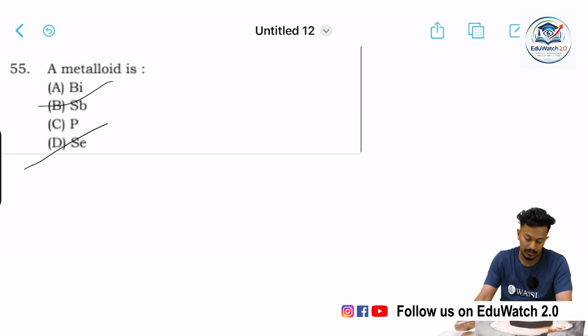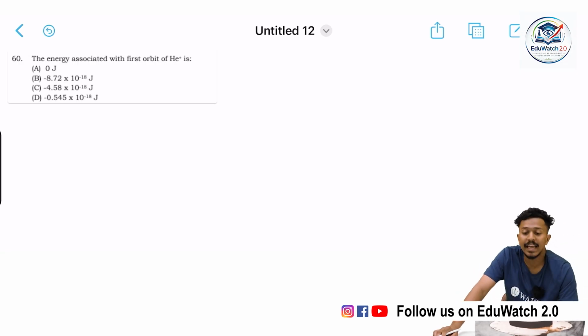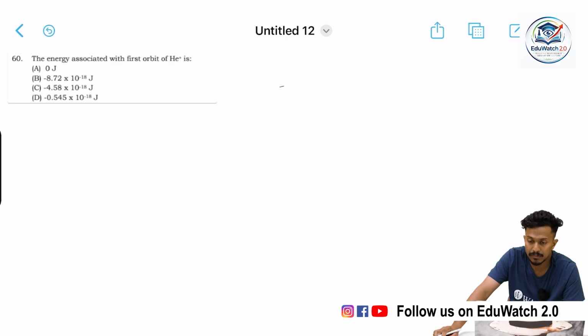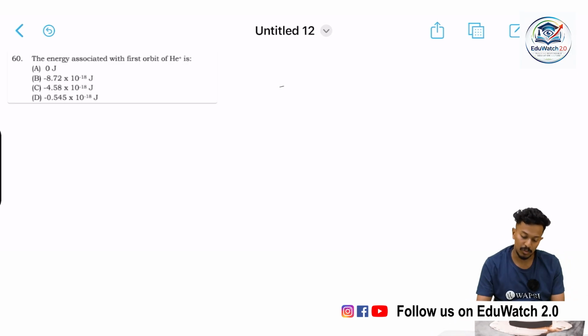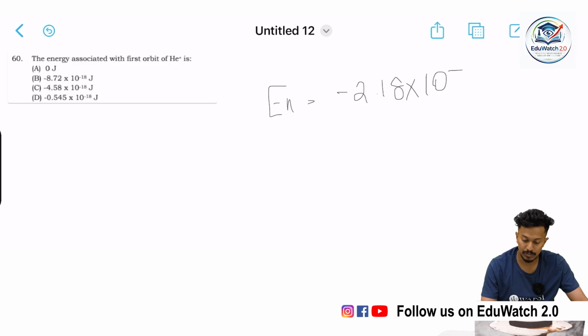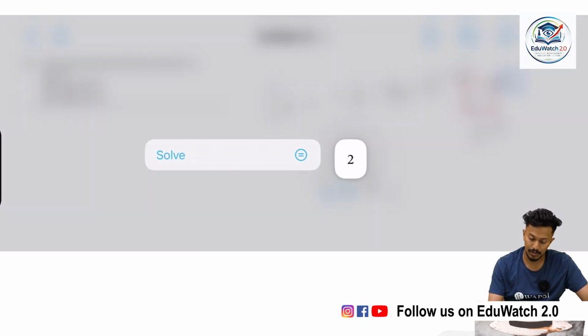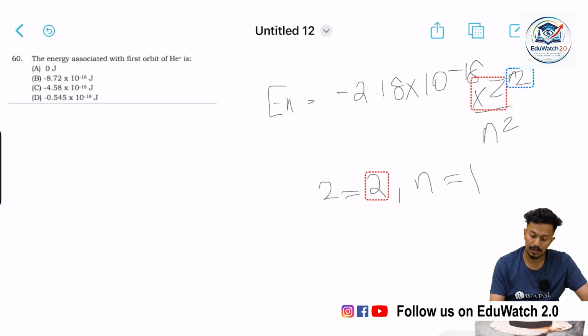Our next question is: the energy associated with the first orbit of He plus, the helium ion. To find the energy, we have the formula En is equal to minus 2.18 into 10 raised to minus 18, into Z square by n square. Z is equal to 2 and n is equal to 1.